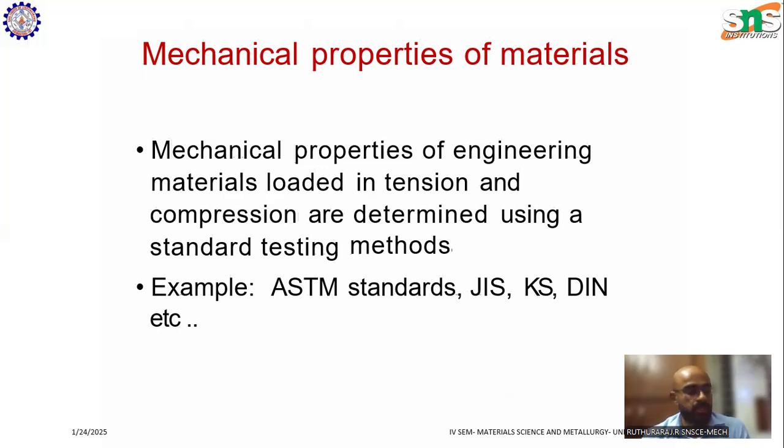For example, tensile and compressive strength can be studied using the universal tensile testing machine. To check the dimensions of the workpiece, you have to use some standards. Those standards are mentioned here, ASTM standards, JIS. These are different standards set by different countries in order to identify the proper mechanism of studying the mechanical properties of these materials.